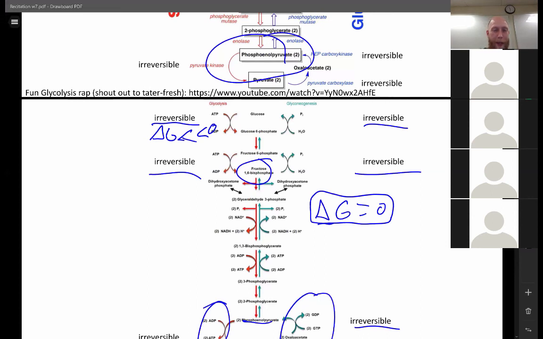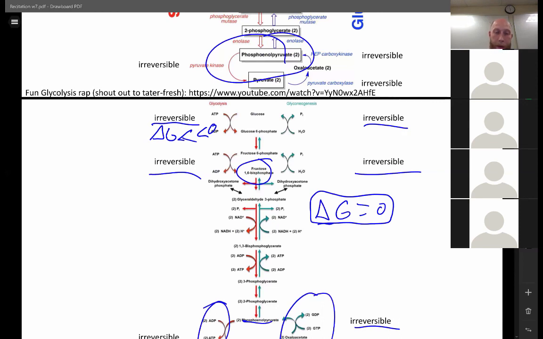So what I was saying was that the irreversible step needs to be much less than 0 because it's irreversible. A reversible step is closer to 0 or equal to 0 because then, depending on the amount of substrate or product, you can drive the reaction forwards or backwards.